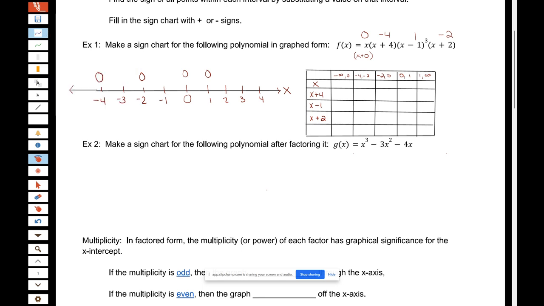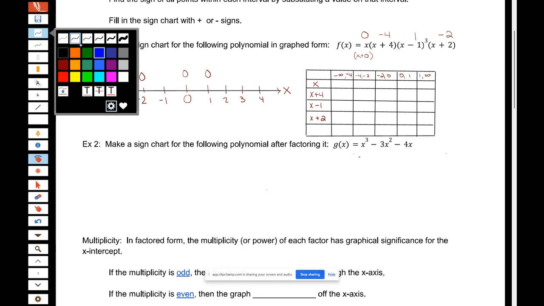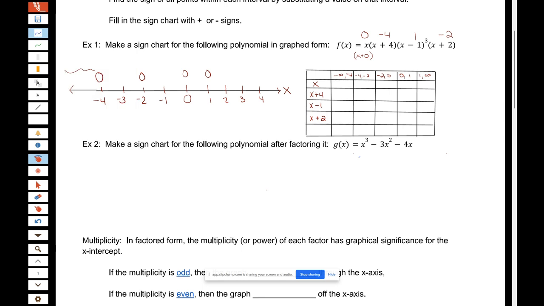The first one I'm going to do is negative infinity up to negative 4. I'm going to pick a number in there, I guess negative 5. If x is negative 5, then x is negative.